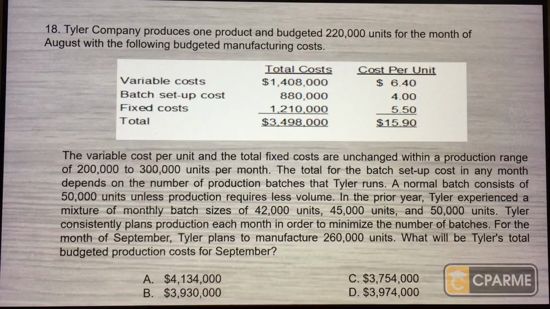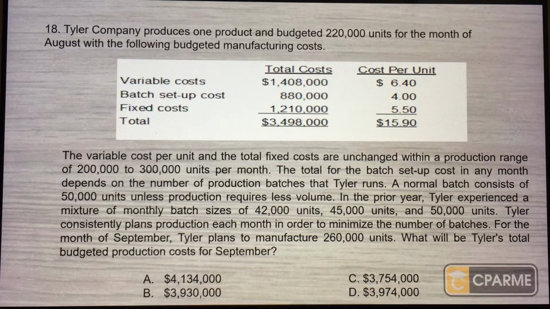Before, I told you, we will use the normal capacity or the normal batch, which is 50,000. So for every batch of 50,000, how many batches can Tyler Company make to produce 220,000 units? So there were 5 batches.